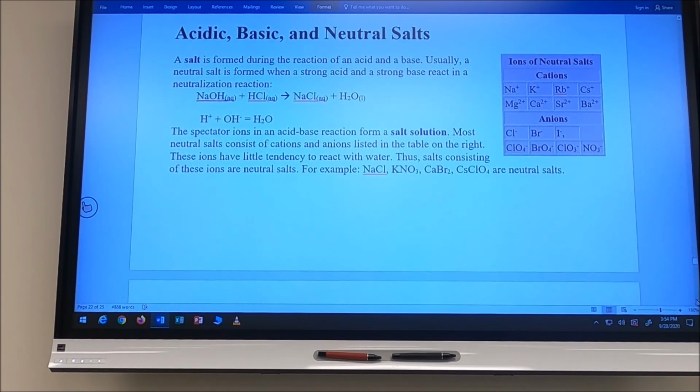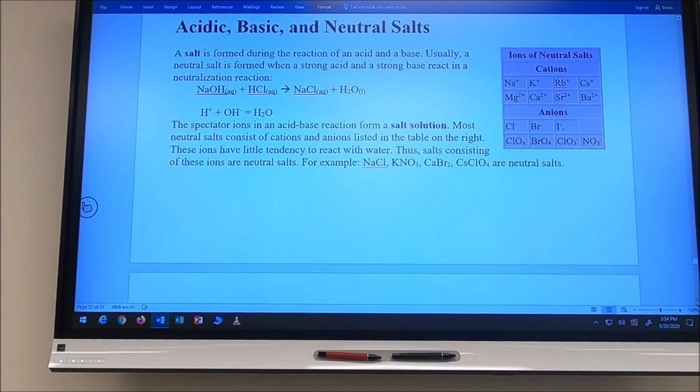Okay? So, a salt is formed during the reaction of an acid and base. Usually a neutral salt is formed when a strong acid and a strong base react in a neutralization reaction. So a strong base like sodium hydroxide reacting with a strong acid like hydrochloric acid gives us NaCl and water.